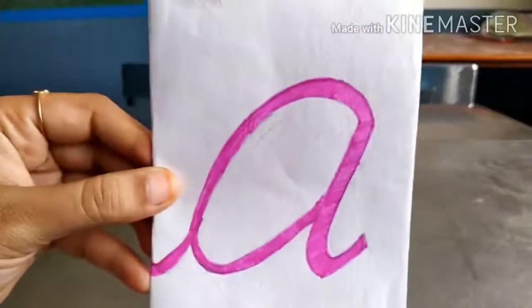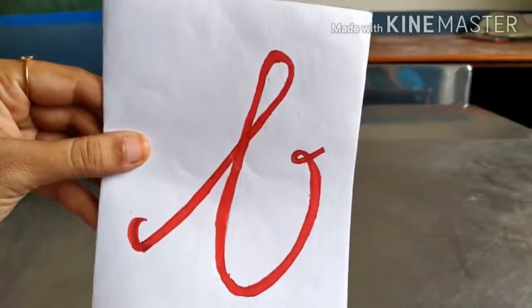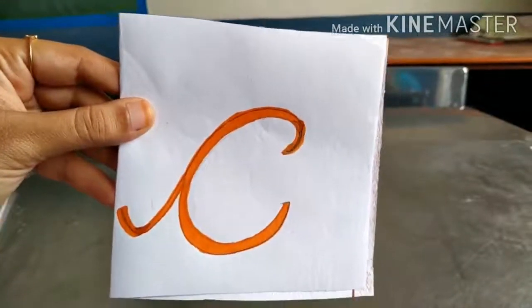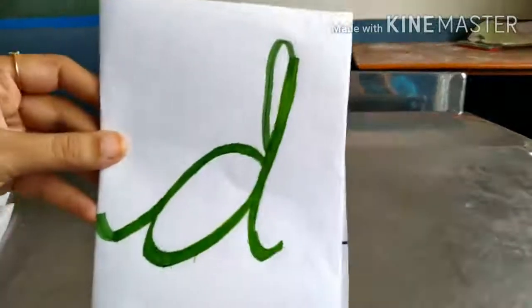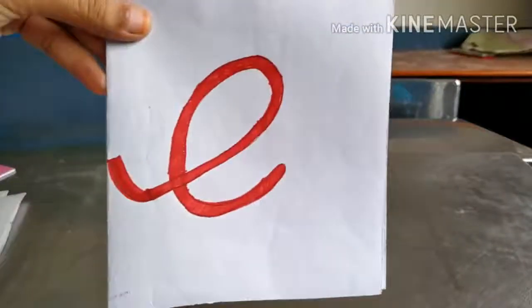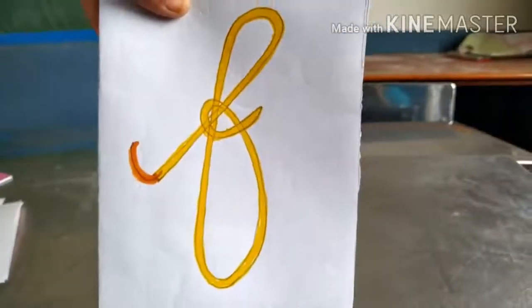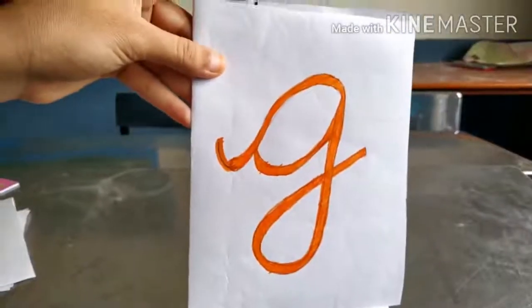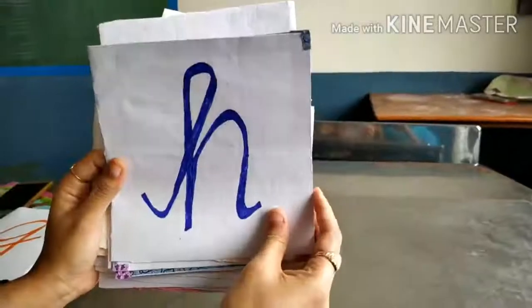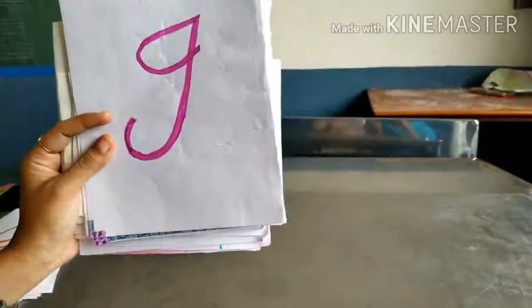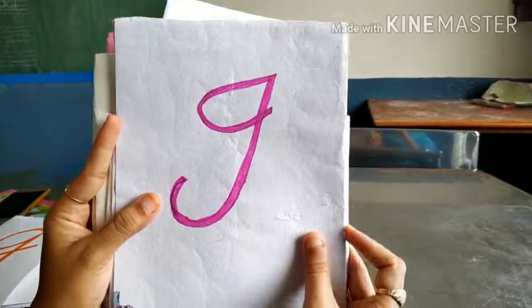First, small a in cursive, small b in cursive, small c in cursive, small d in cursive, small e in cursive, small f in cursive, small g in cursive, small h in cursive, small i in cursive.